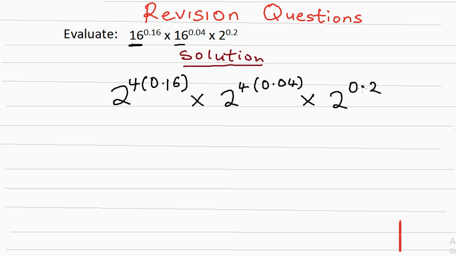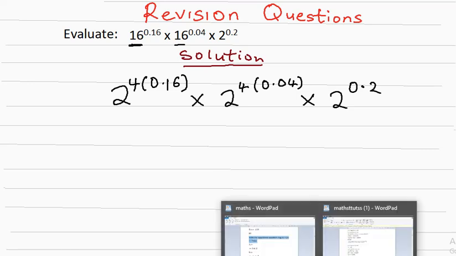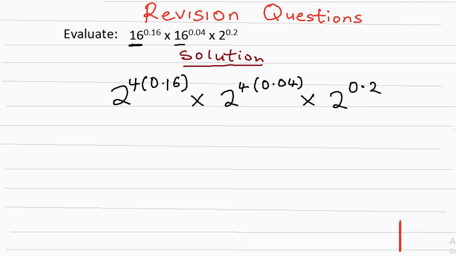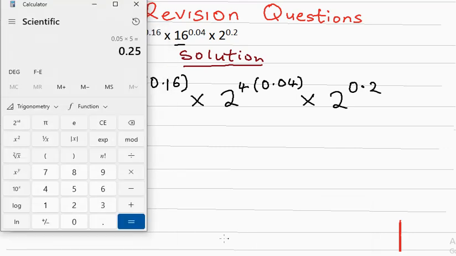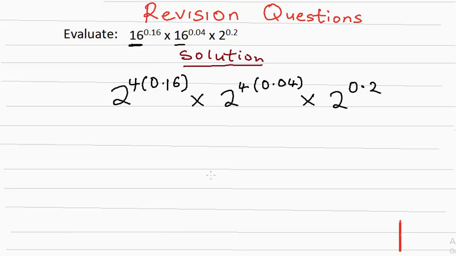Now, if you multiply 0.16 by 4, you should have 6.4 if I'm not mistaken. But let me do that. 0.16 multiplied by 4, that's 0.64.